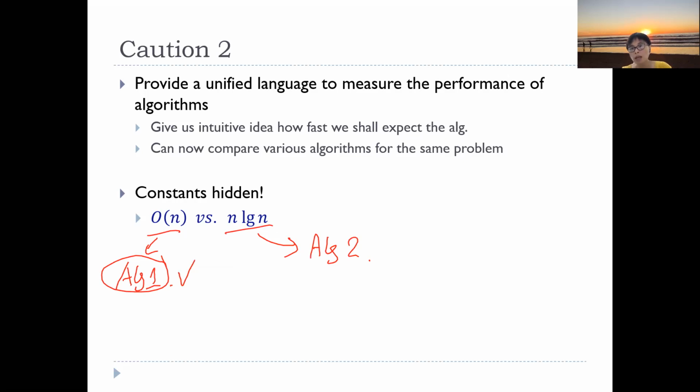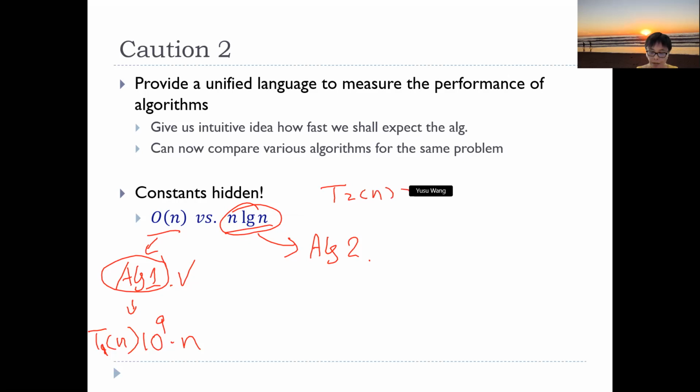But what if the true running time is actually 1 billion times n, while this algorithm is only n log n? So T1 of n is that, and T2 of n is n log n.